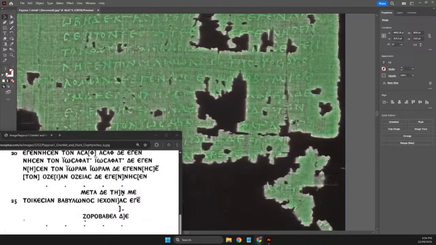So it's Matthew 1:7, Rehoboam, Abia, Josaphat. Matthew 1:9.